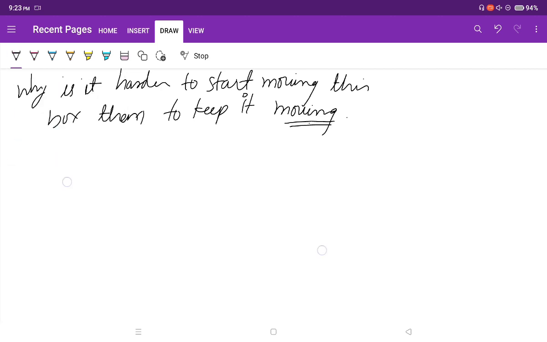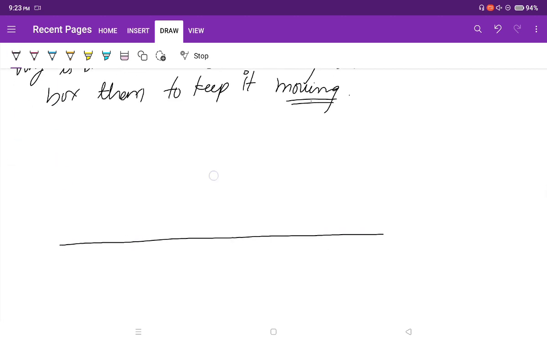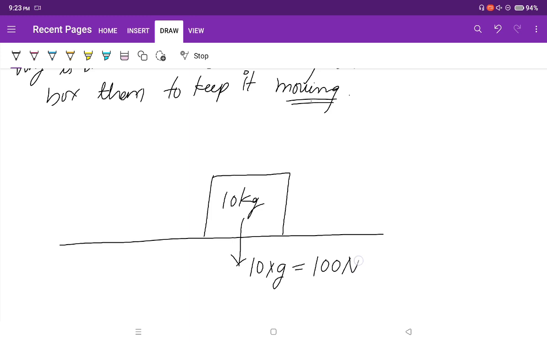So let's see, suppose for an example we have a 10 kg mass block. So this will have 10 kg downwards, that is 10 into g, which will be equal to 100 newton, taking g equals 10 meter per second square.